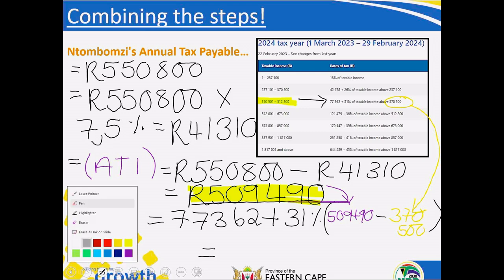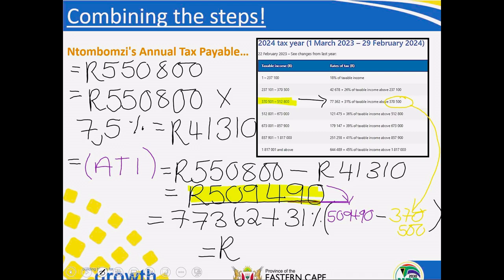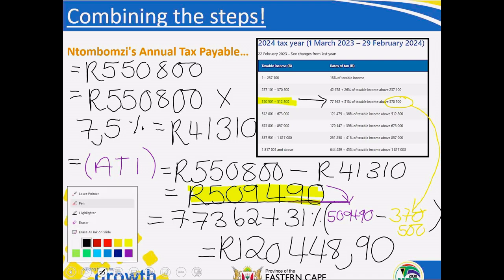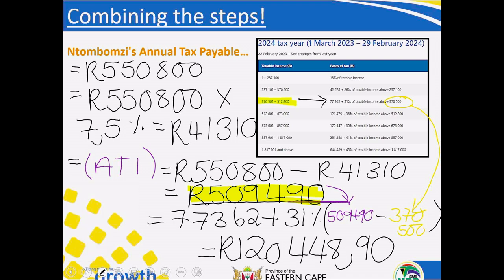So, if we've used our calculators correctly, you should end up with Ntombomzi's annual tax payable before any rebates as 120,448.90. I can't emphasize enough the importance of writing those decimals at the end.